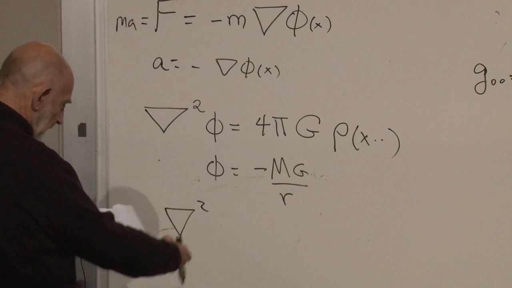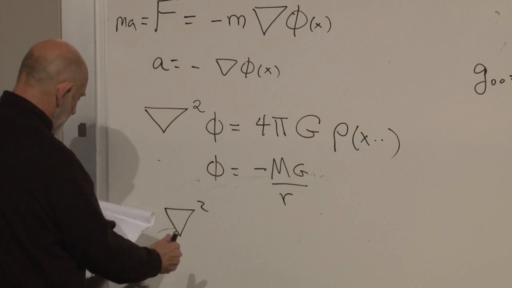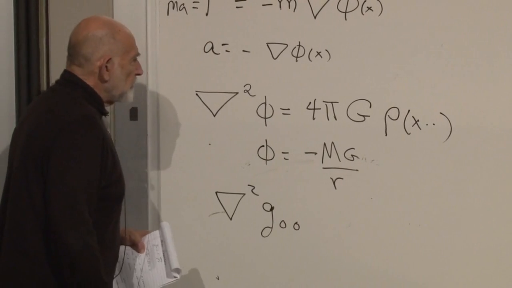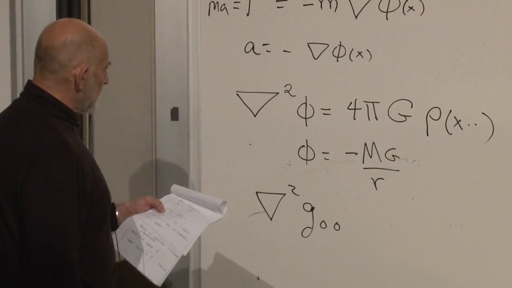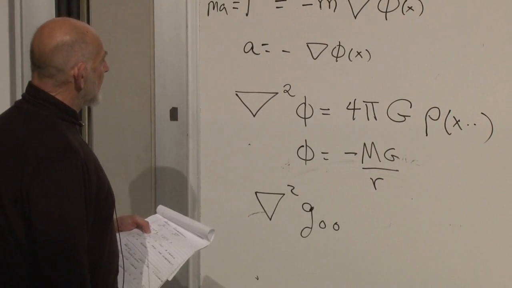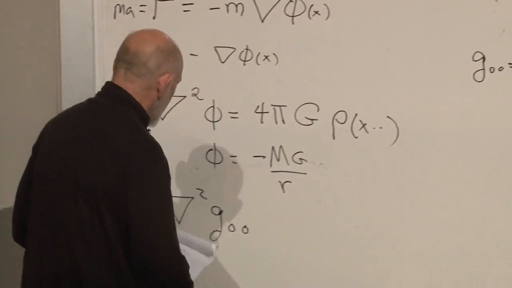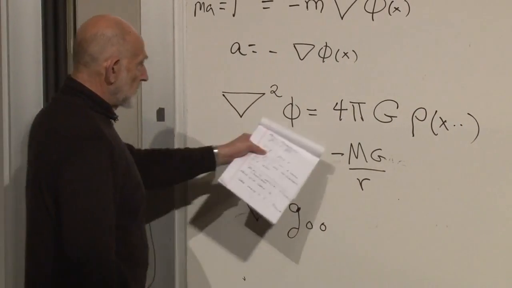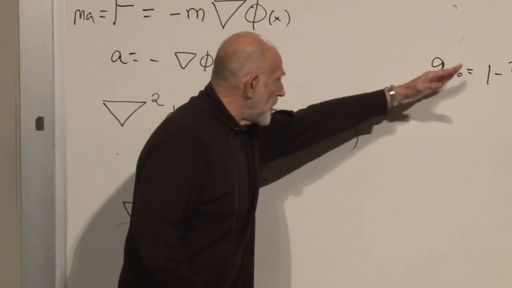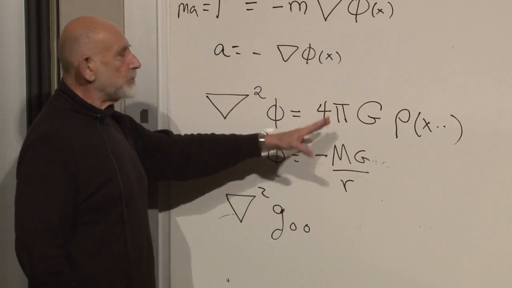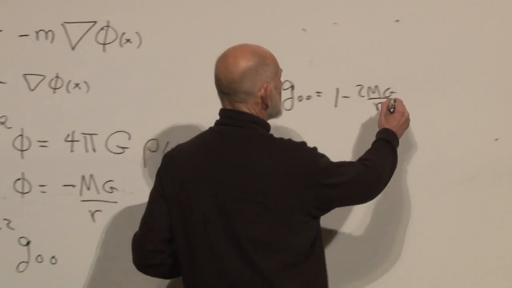I always have trouble with the sign here. I think it's del squared g0 naught. Is it minus or plus? I have written down plus, but I think I mean minus because of that sign here. Del squared of g0 naught. G0 naught is just 1 plus phi. 1 plus 2 phi. It's equal to 1 plus 2 phi.